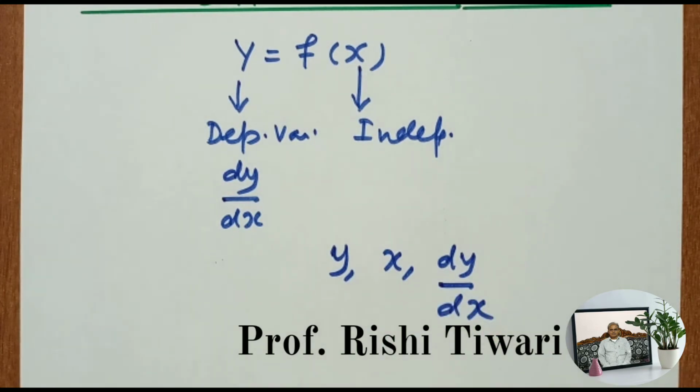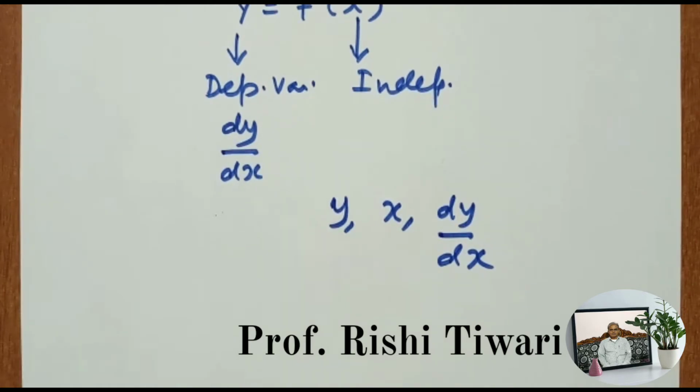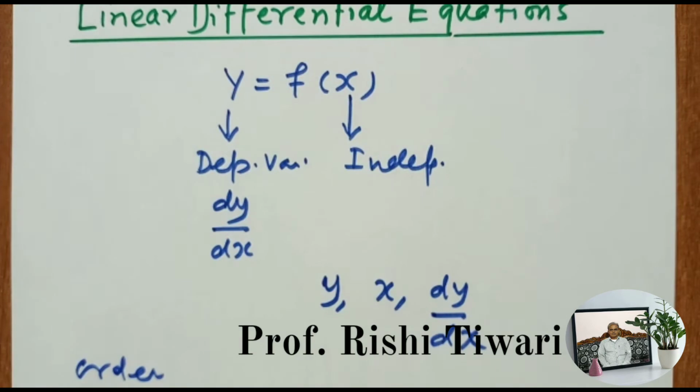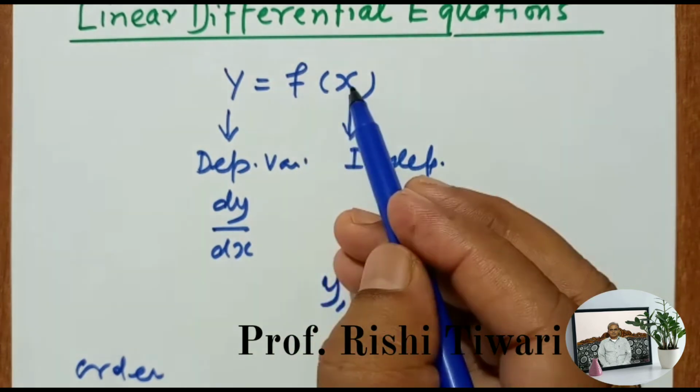Now, order and degree. This is very important in any differential equation. So what is the order and what is the degree? First you see y is a function of x, so y is dependent and x is independent.